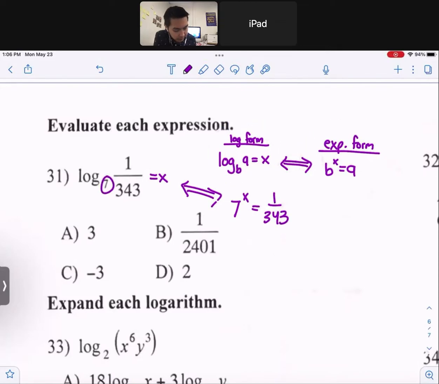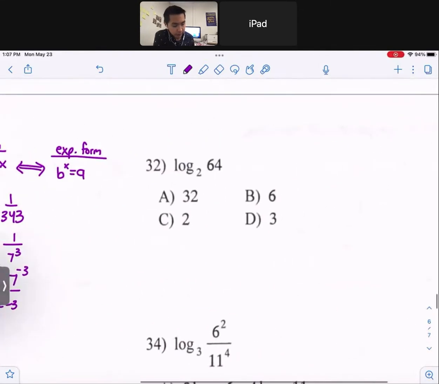Take the base, raise it to this power, and set it equal to this right there. And then from here, all you gotta do is get common bases on both sides. So 7 to the third is 343. 7 to the x equals 7 to the third, but now this is the opposite, negative 3. Now that they have common bases, x equals negative 3, which is C.